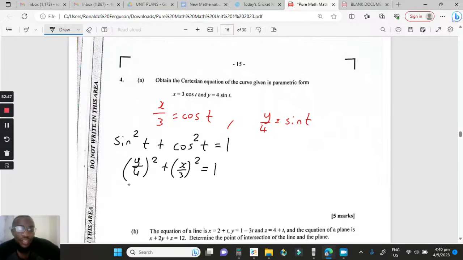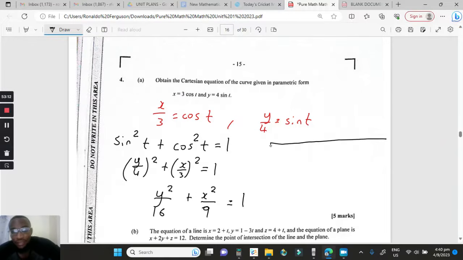Because it's 5 marks, I wouldn't stop here. x squared over 9 plus y squared over 16 equals 1. Then the LCM of 9 and 16, I think it's 144. The LCM is 144. So if we want, we can simplify, give them the simplified answer.